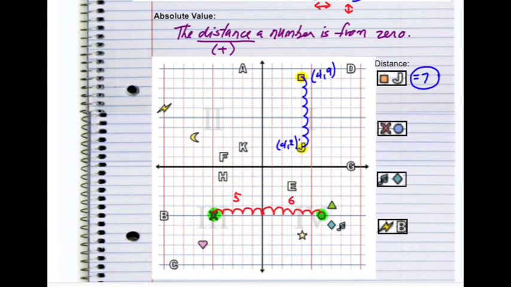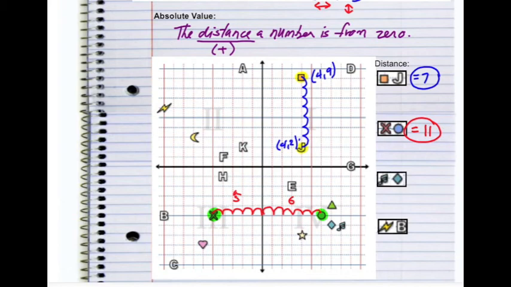Well, the distance the circle goes to 0 is 6. This is where, in fact, my absolute value comes into play, because if I was going to count straight across that number line, it's okay because distance is always positive. So if from the cross to the 0 is 5, and from the 0 to the circle is 6, then the distance from the cross to the circle is equal to 11 units.